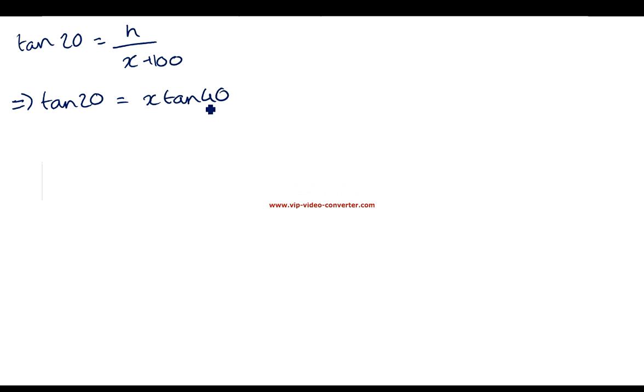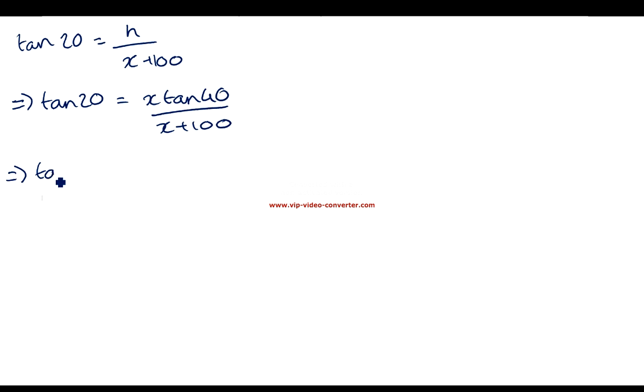So I'm going to work through this as quickly as possible. If we're told the tan of 20 equals h over x plus 100, we can then sub in. So we know tan 20 degrees equals the value of h that we use from the other equation, which is x tan of 40, all over x plus 100. Then we've got to rearrange this. We'll bring that up.